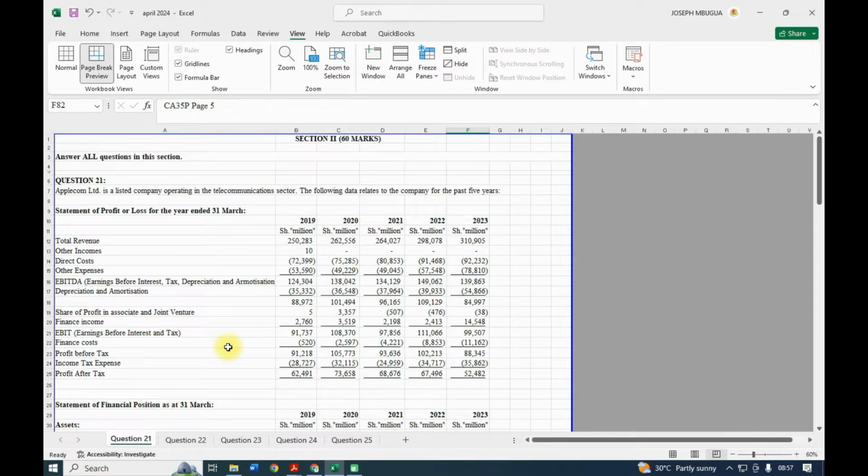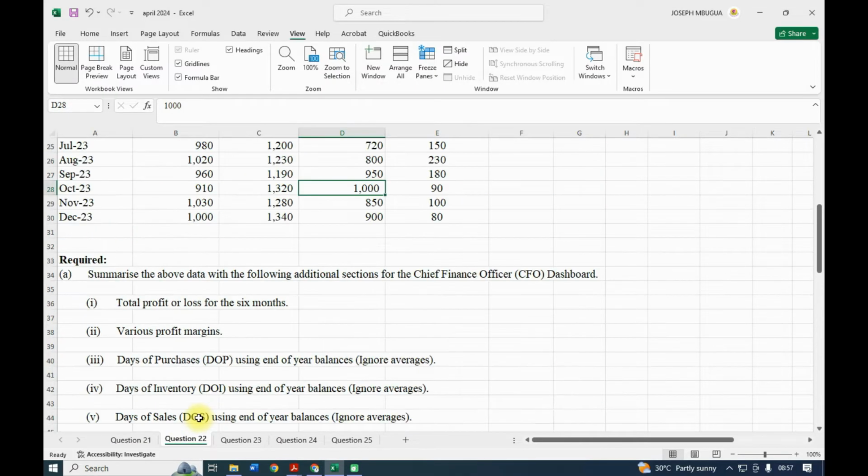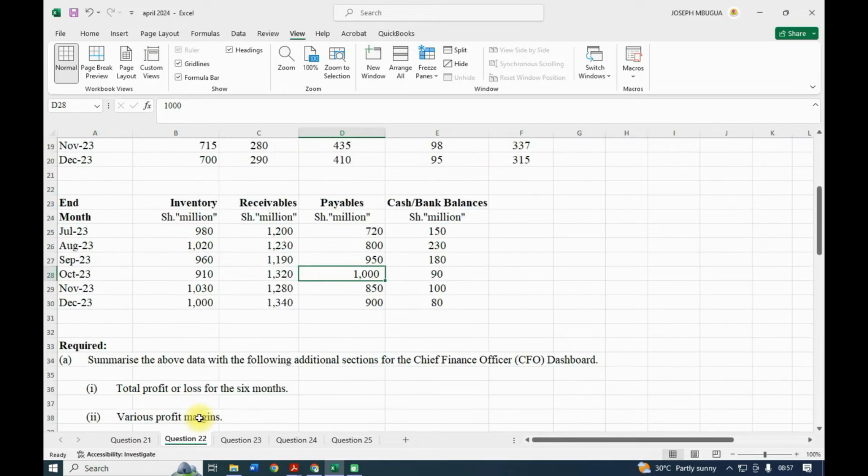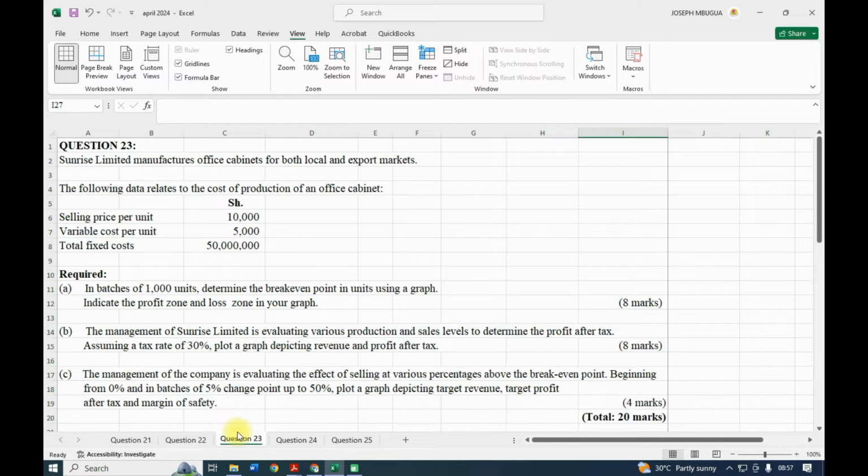Question 21 was for financial reporting and accounting. Question 22 was for financial management, where we had the ratios and they were requiring the dashboard. And question 23 was all about management accounting. So the three questions under the core area, each carrying 20 marks, accounted for 60 marks.